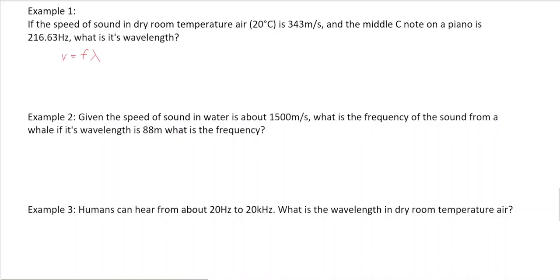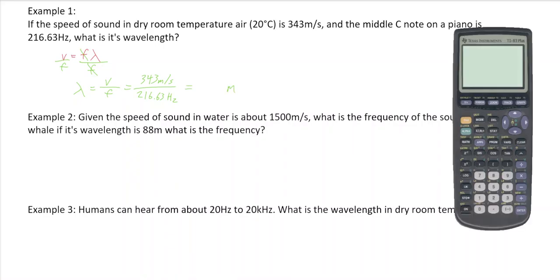So if we're looking for the wavelength, we just divide by F, and so wavelength equals velocity over frequency, which is 343 meters per second over 216.63 hertz. And so it's going to tell you the answer in meters.